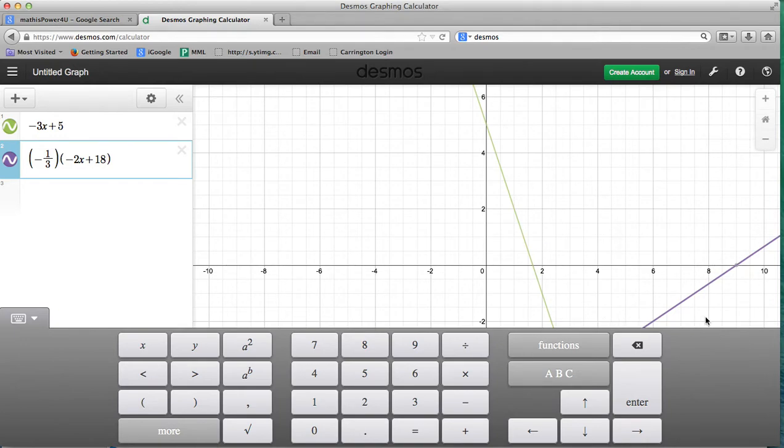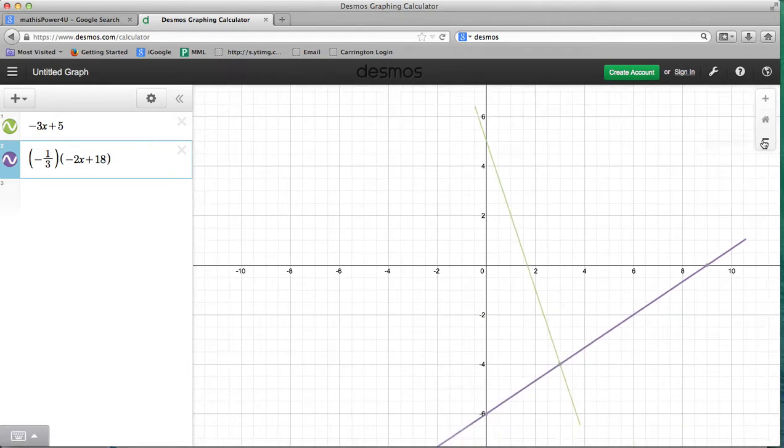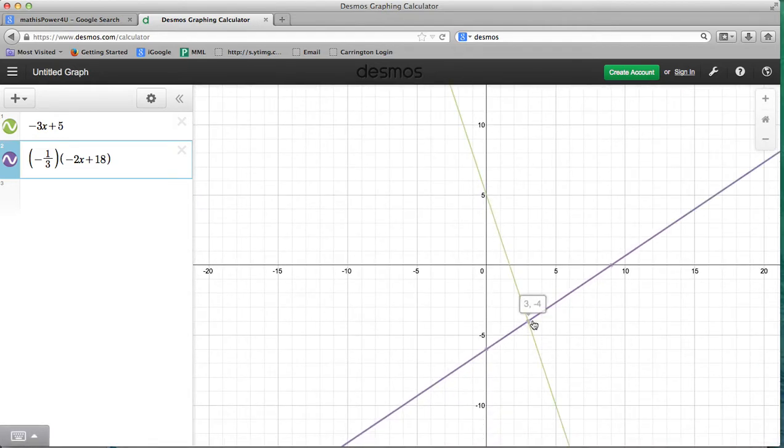And notice we have that purple line. So notice these two lines cross, and that's the solution that works for both of those equations. In other words, if I plug 3 in for x on both those equations, my output is going to be -4.